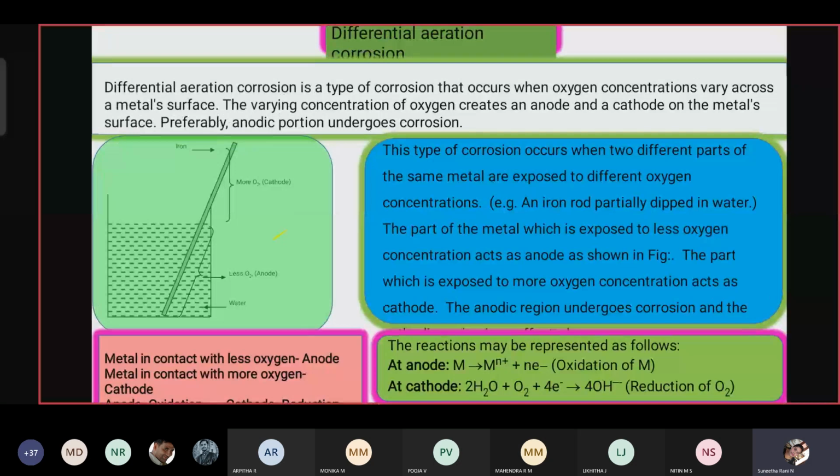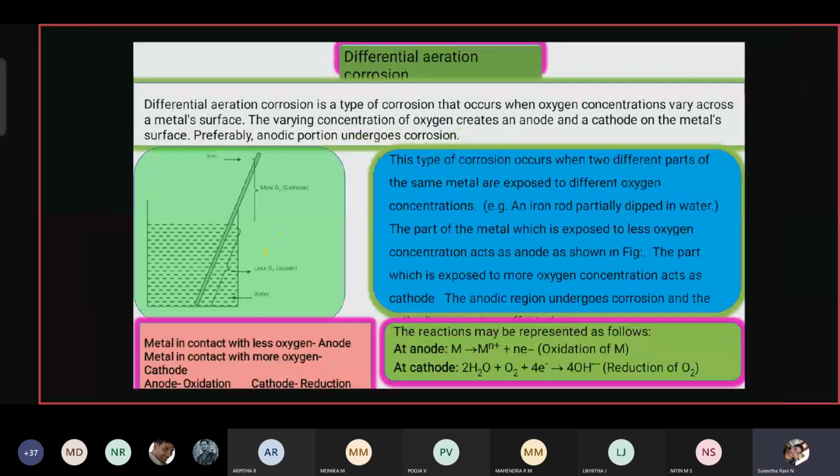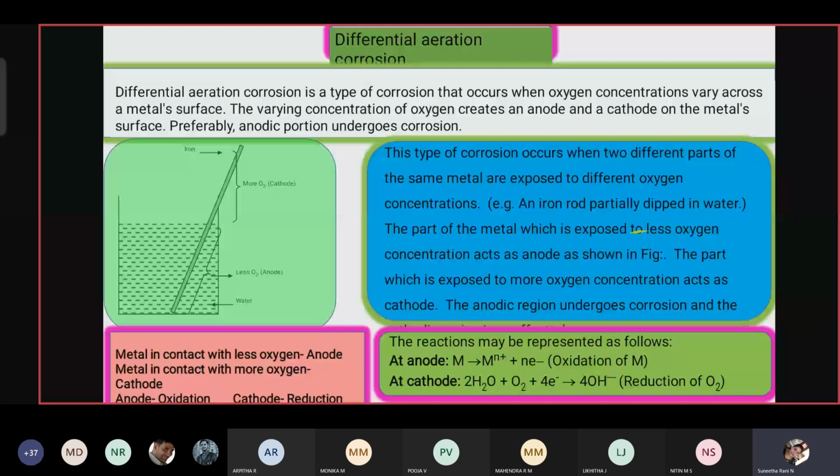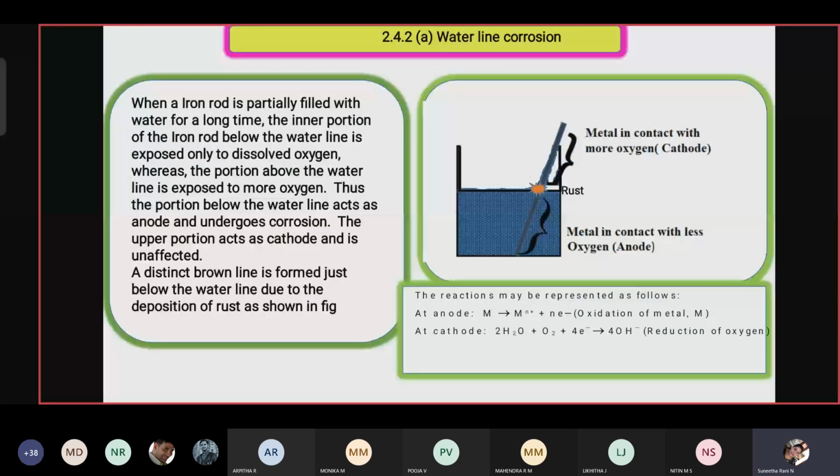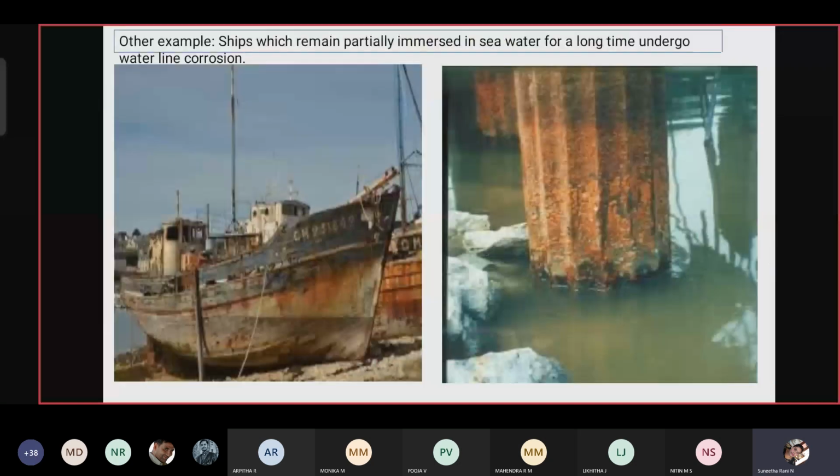Again, this differential aeration corrosion is subclassified into two different classes, that is waterline corrosion and pitting corrosion. First, we will see waterline corrosion. What is waterline corrosion? Here, can you see?